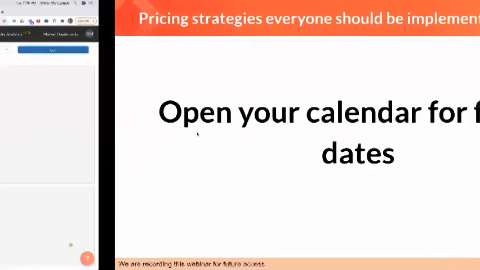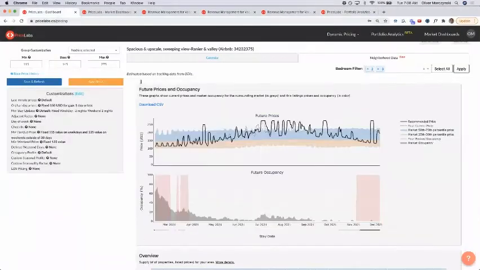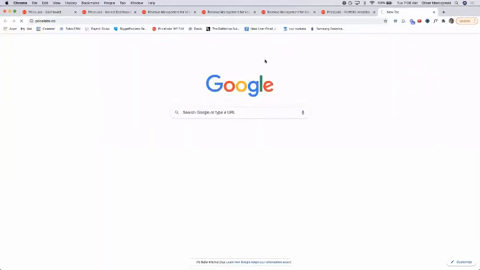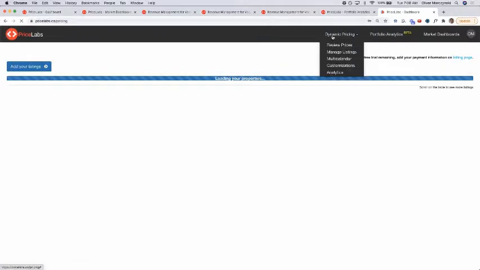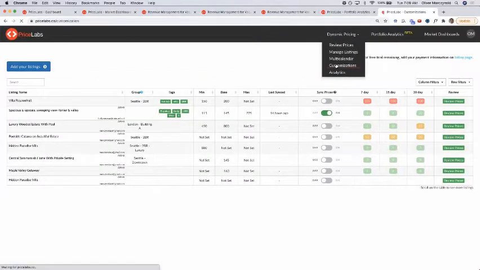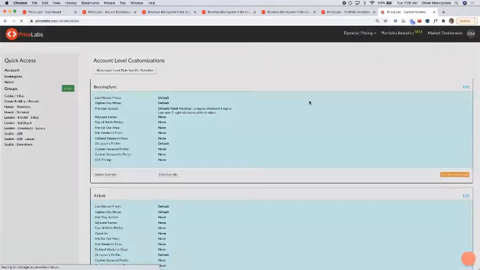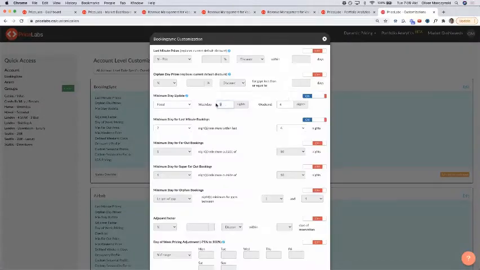So if we hop into PriceLabs really quick, just showing you quickly what that looks like, and let me open a new tab here. With our minimum stay policies, a few things you can do. So you can have your traditional minimum night stay. So let's say you have a 2-night minimum for weekdays, 3-night minimum on weekends.